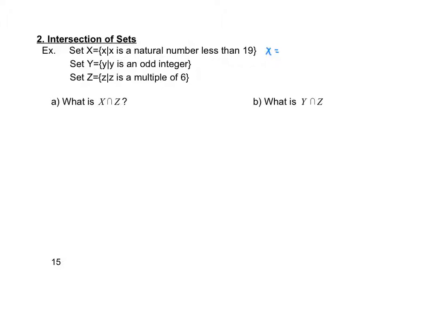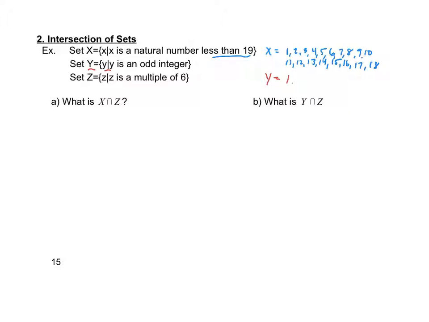All my natural numbers less than 19 would be 1, 2, 3, 4, 5, 6, 7, 8, 9, 10, 11, 12, 13, 14, 15, 16, 17, and 18, because it said less than 19. Then y is all values of y such that y is an odd integer.